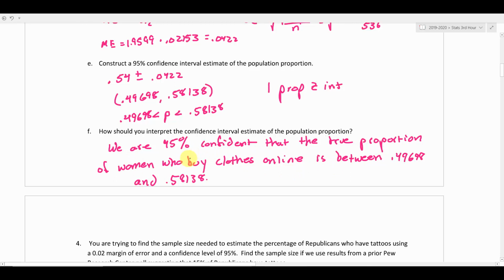Do not, under any circumstances, say that there's a 95% chance or a 95% probability or that 95% of the time. All of those are indicating to me that you think there's a probability associated with this confidence interval, and it's not. It's not a 95% probability that the proportion is in between these two values, okay? I would have to automatically mark that wrong.